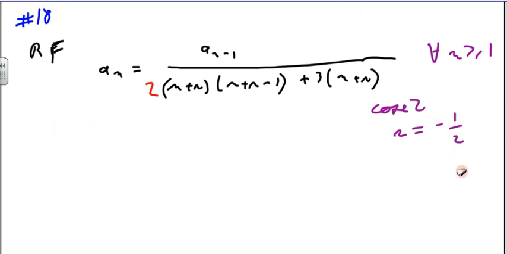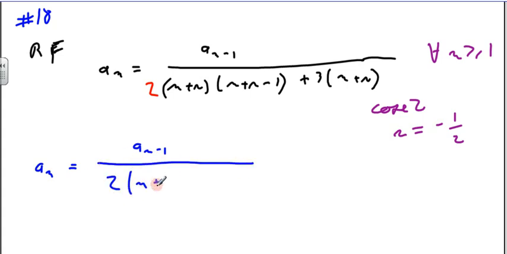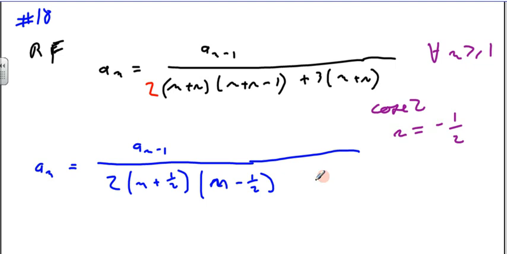R is equal to minus 1/2. And now we find that the recurring formula a_n is a_(n minus 1) divided by 2, n plus 1/2, r, n, that's an n minus 1/2, plus 3, that'd be plus 1/2.